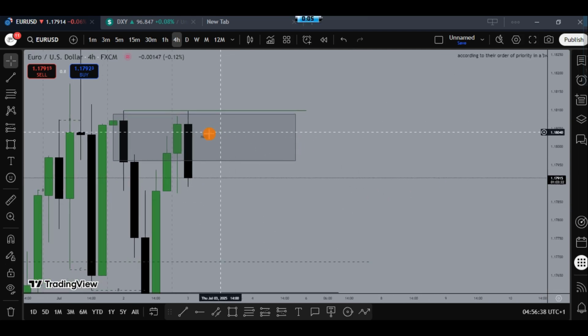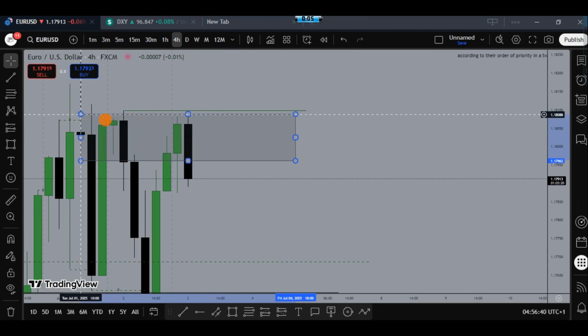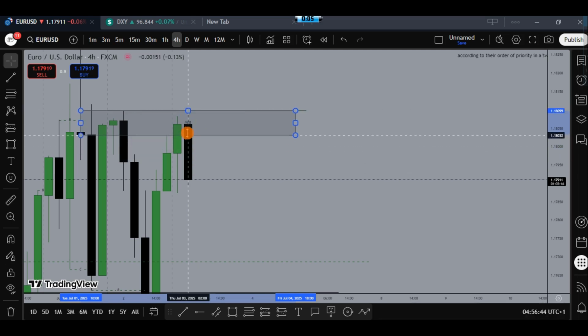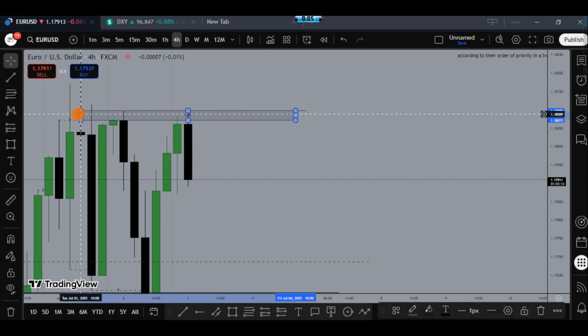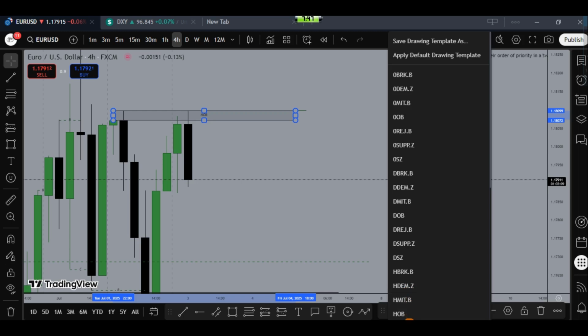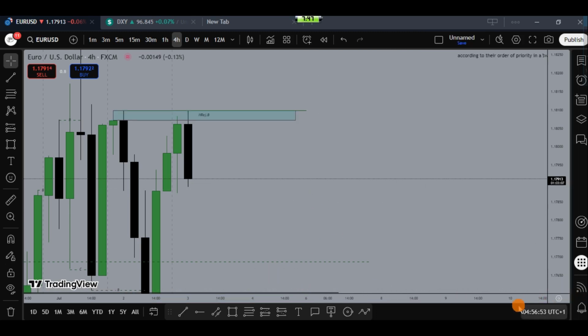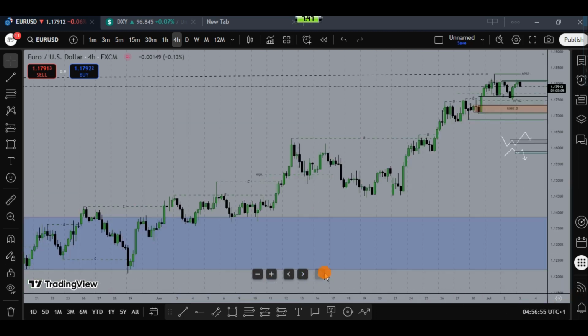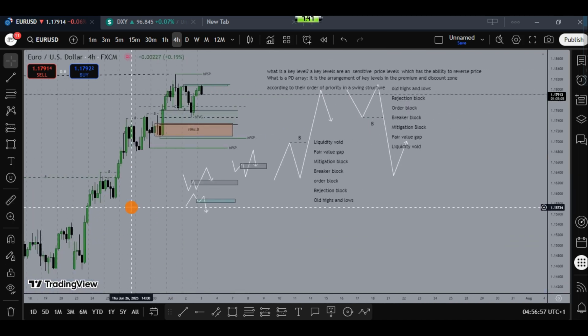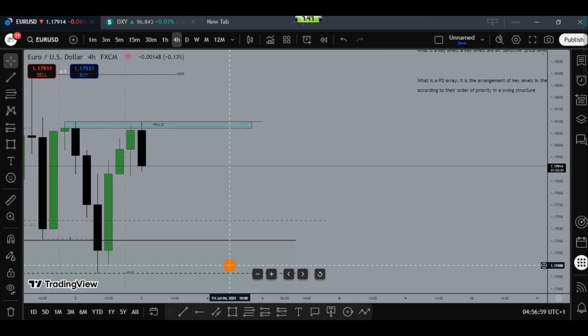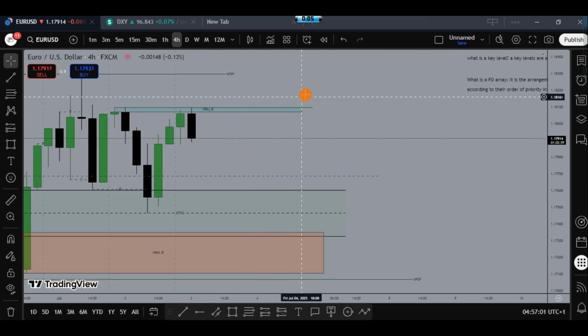So I'm going to consider the rejection block. Price traded from the rejection block. This is my rejection block here.